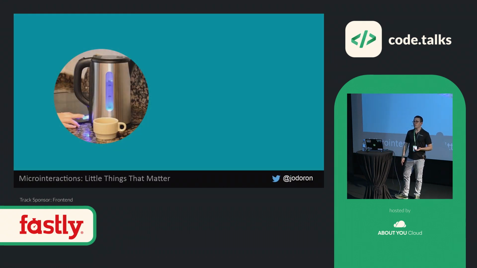I assume most of you have a kettle at home. Maybe it's not this kind of high-end kettle with all the lights and everything, but a kettle is pretty much the best example of a microinteraction from the physical world. It's a single-use device, practically a whole microinteraction in itself. It has just one button, and it's like an unwritten contract, something subconscious to us.